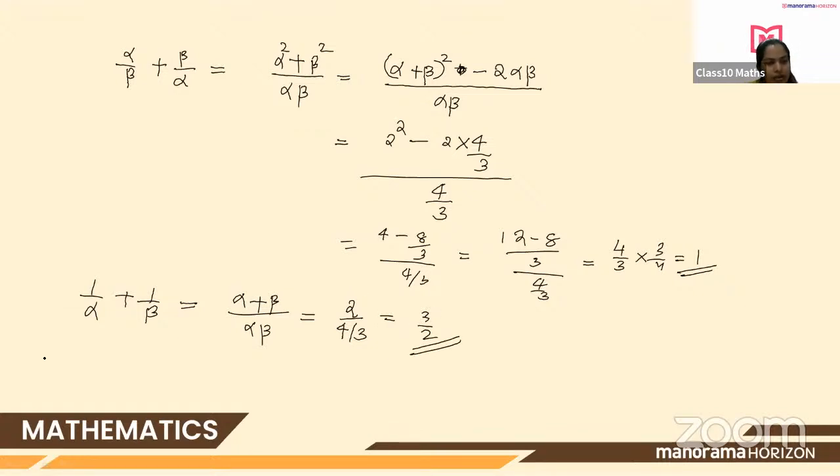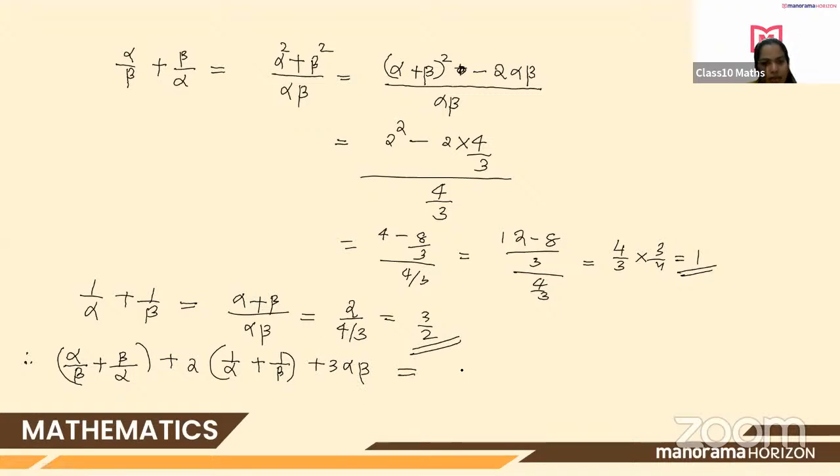And now we can put in the values. Therefore, what is the question? Alpha by beta plus beta by alpha plus 2 into 1 by alpha plus 1 by beta plus 3 alpha beta.